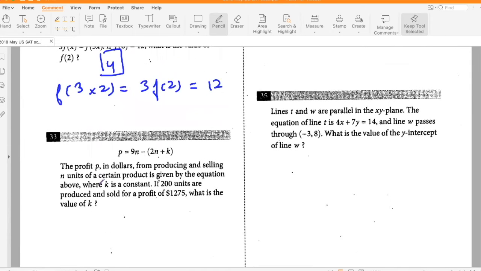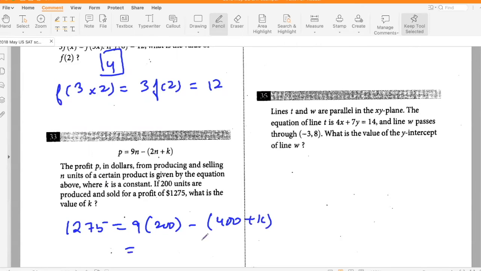The profit in dollars from producing and selling n units of a certain product is given by the equation above, where k is a constant. If 200 units are produced and sold for a profit of 1275, what is the value of k? Okay, so 1275 is 9 times 200 minus 400 plus k.